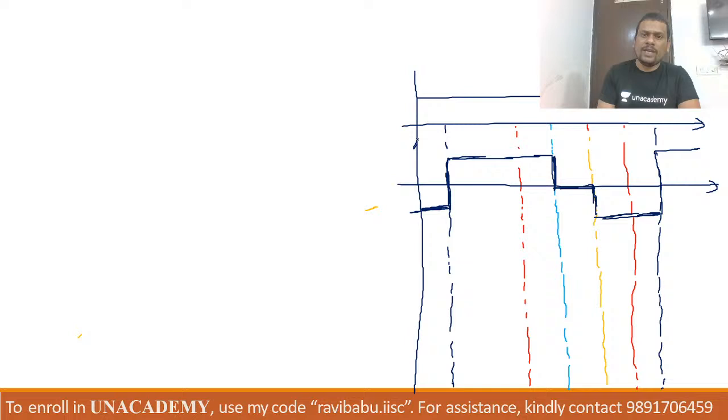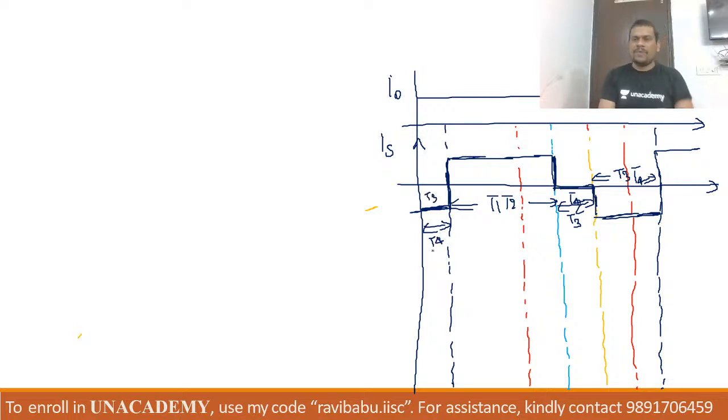Here T1 and T2 are on in this period, T3 and T2 are on here, and here T3 and T4 are on.